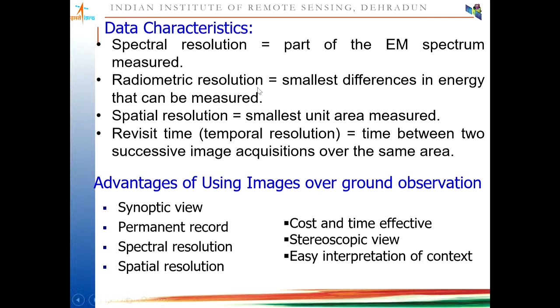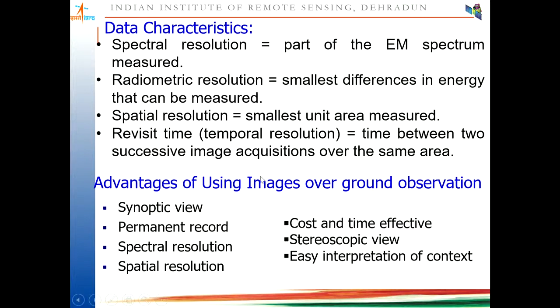So this is just a recap of what the previous lecturers would already have discussed with you. Data characteristics are important because as interpreters, we need to be aware of what specifications are available in terms of the data that is available to us, and which would be the best or optimum combination of these specifications that I need to look for so that I get the optimum amount of information extracted and I come to a logical conclusion and solve the problem at hand.